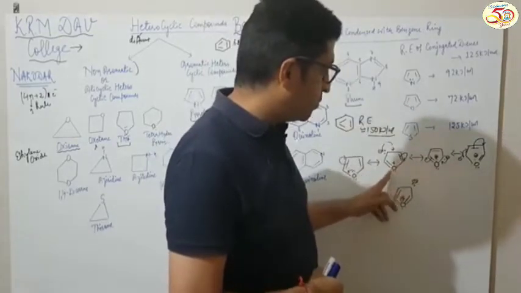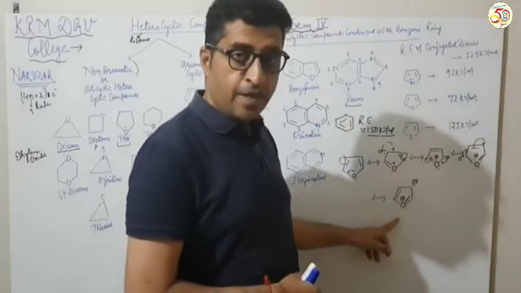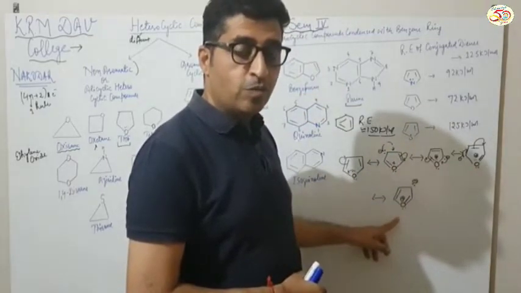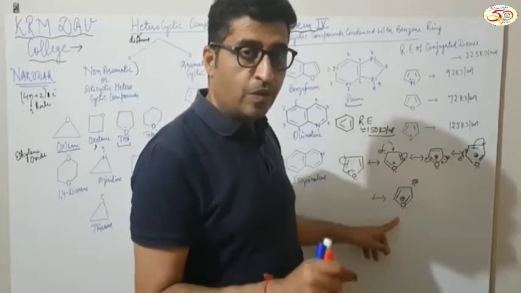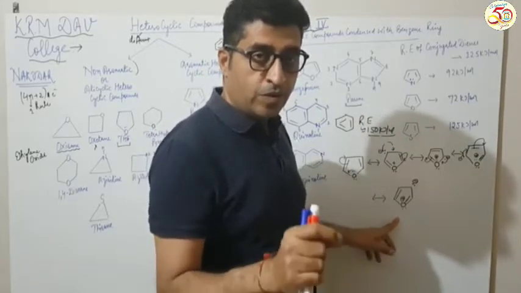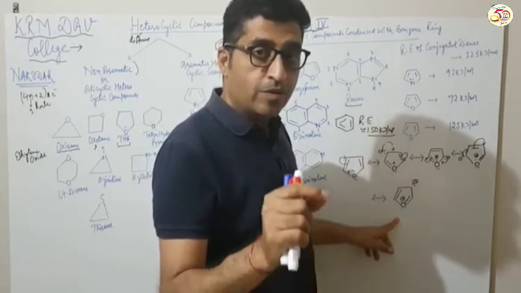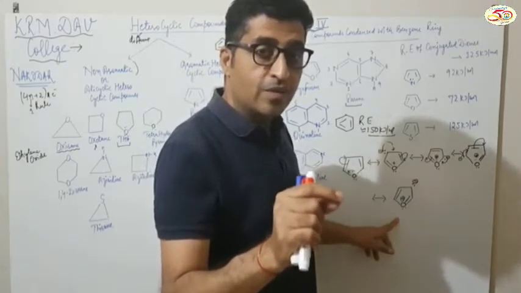See, this one, second, third, fourth, and fifth. Now, in which case is positive charge more stable, on oxygen or nitrogen? Very clear. Positive charge is relatively more stable on nitrogen because nitrogen is less electronegative.